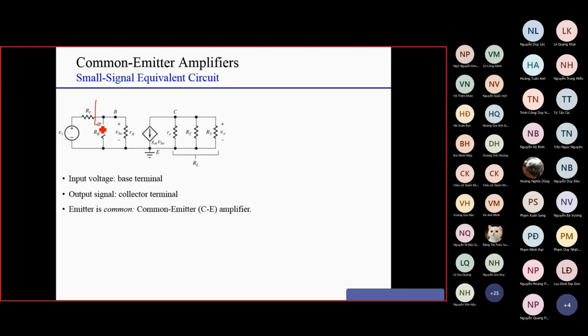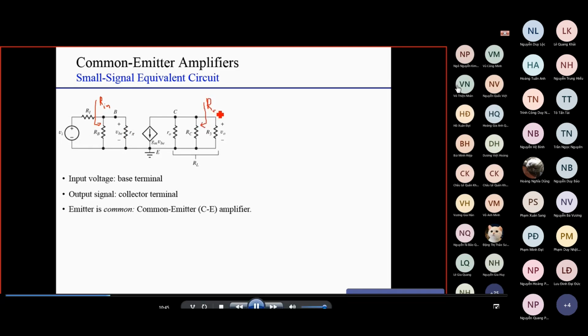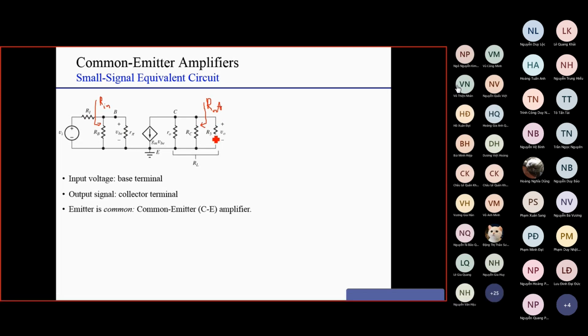We can also calculate the input resistance, seen from the signal source. You can see immediately that the input resistance is equal to RB in parallel with R pi. So it's very easy to see. And R out is the output resistance, seen back from the load.